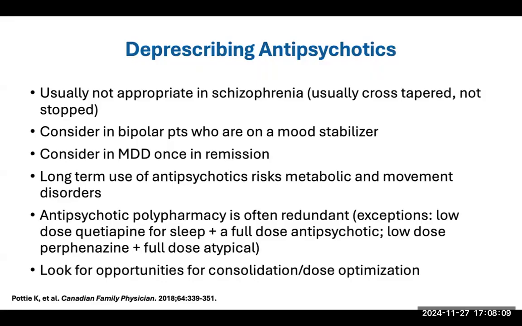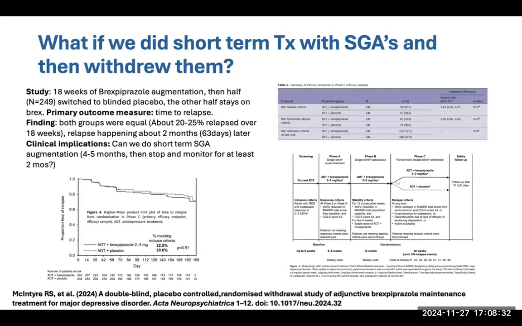But having somebody on, say, a high potency second generation dopamine blocking drug like paliperidone or risperidone plus haloperidol, which is a first generation high potency dopamine blocking drug, doesn't really make a lot of sense. So we want to look for opportunities to consolidate and simplify.